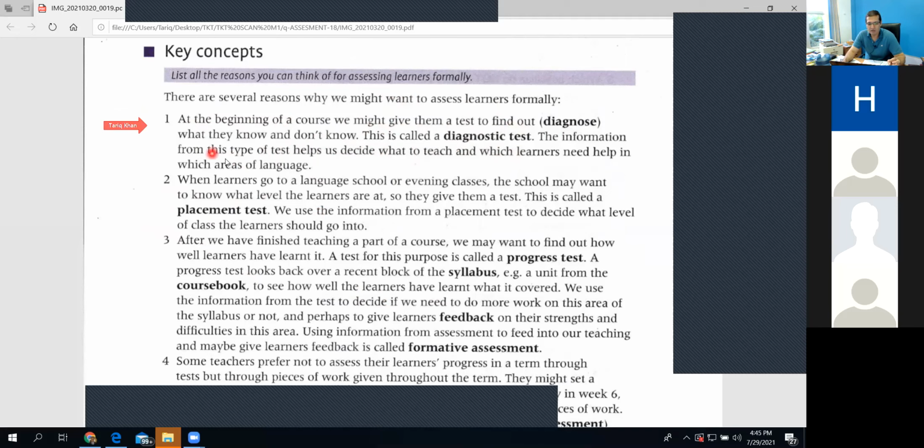The information from this type of test helps us decide what to teach and which areas of language learners need help in. So when they want to start a course and we don't know their level, we give them a test to understand what they know and what they don't. Is that clear?